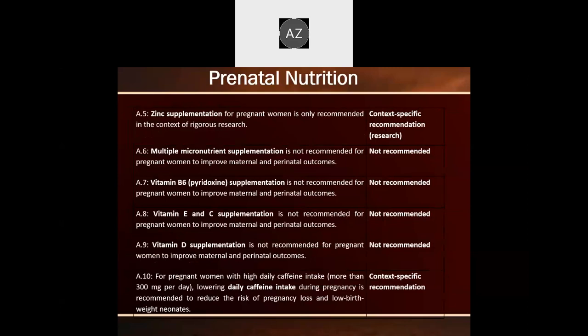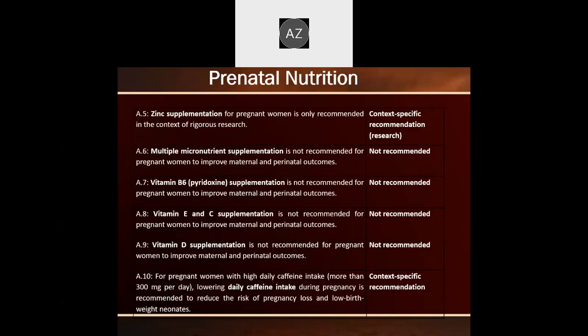And then we have zinc. For pregnant women, it's only recommended in the context of rigorous research. Otherwise, don't give. Multiple micronutrient supplementation, not recommended for pregnant women. Dietary intake, we've said about it, that's enough. Pyridoxine is not recommended for pregnant women to improve maternal and perinatal outcome.